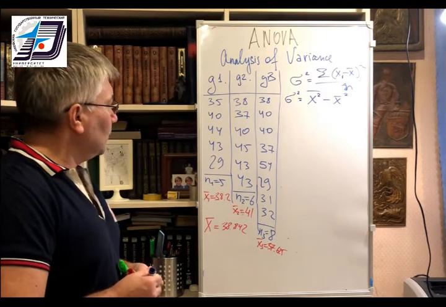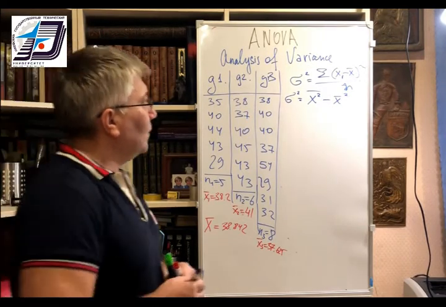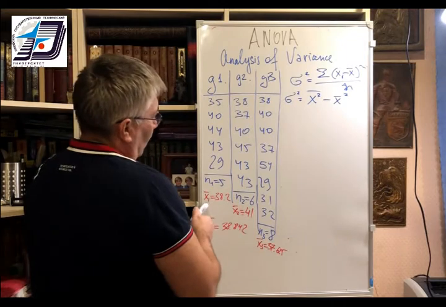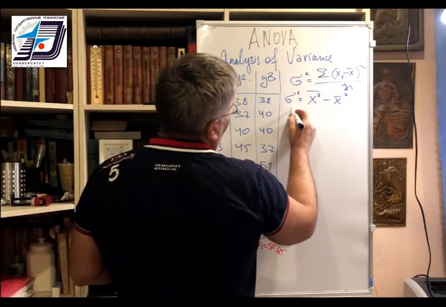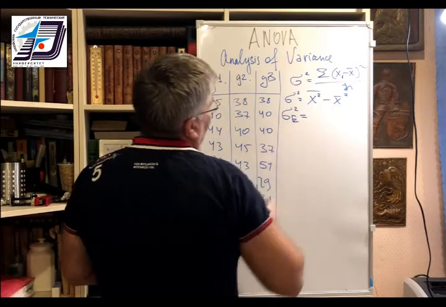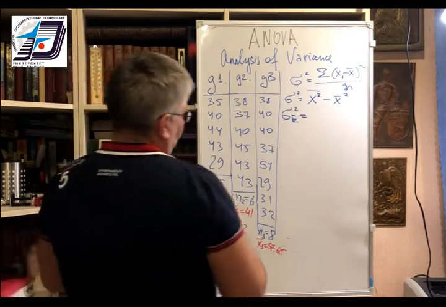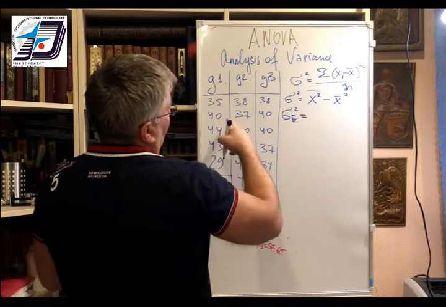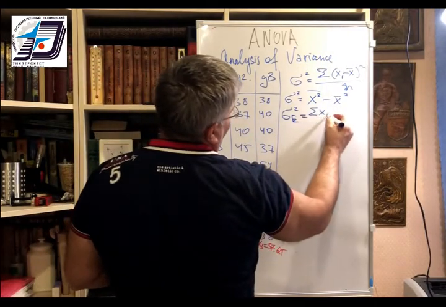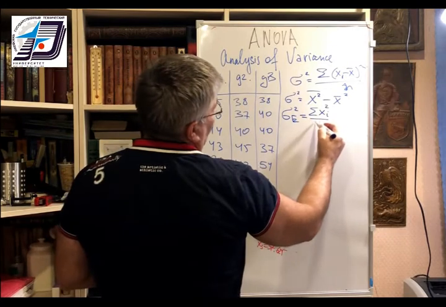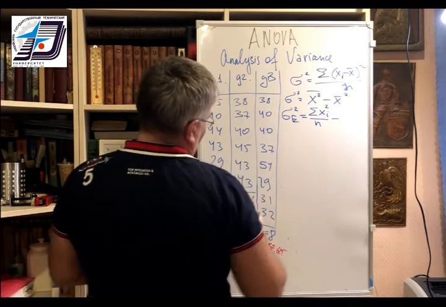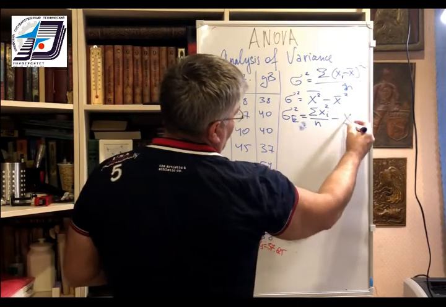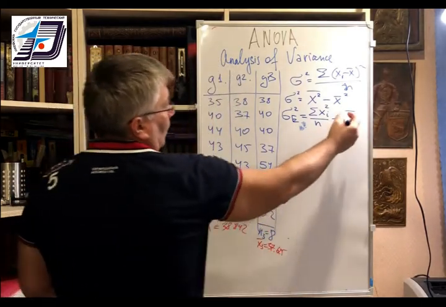So I calculated using the basic formula here, for example for the first group, sigma e squared, or error variance, is the summation of x squared over n minus x bar squared.